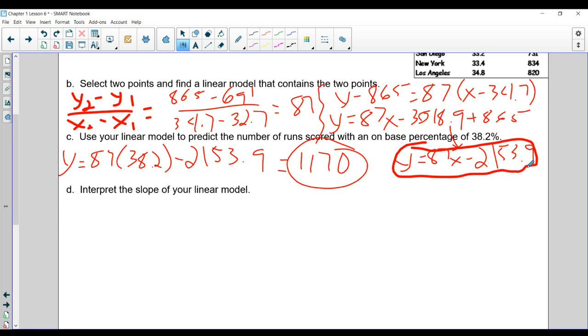All right, last thing, interpret the slope of your linear model. So the slope of mine being 87 here.